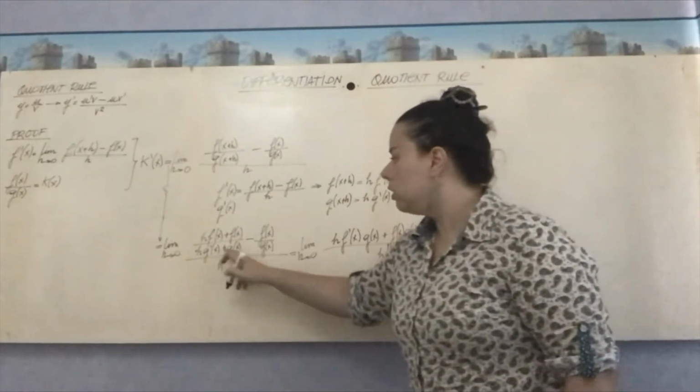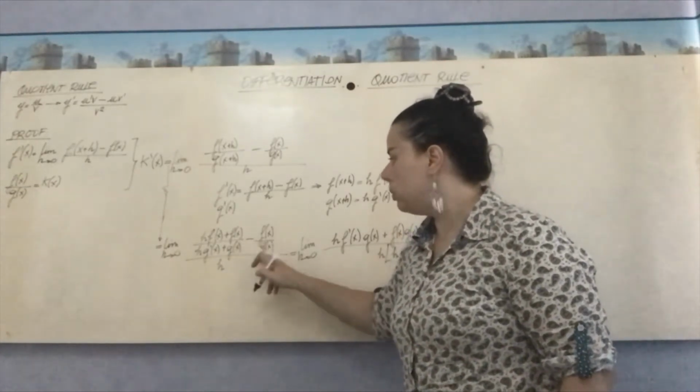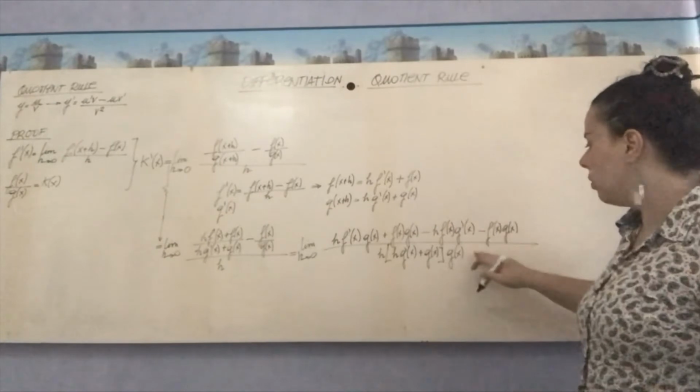What I did is just multiply these two and then pass them into one common denominator.